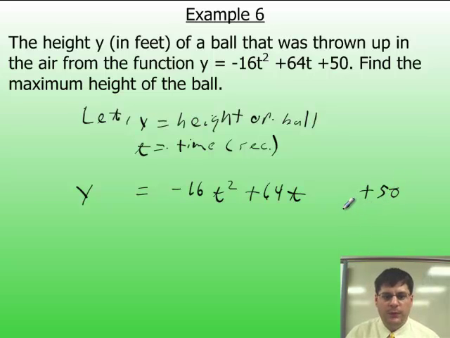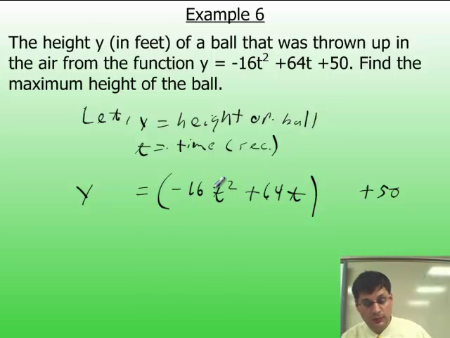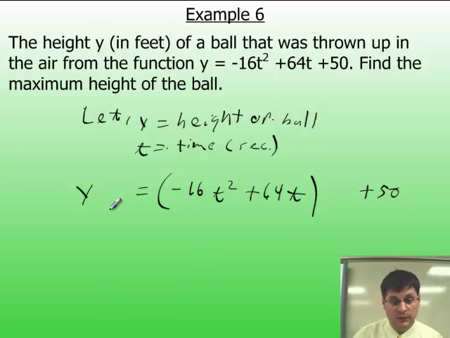Before I start, I'm going to go ahead and group this, create my group here where I'm going to have to complete my square. But before I complete my square, I'm going to ask myself, is there any greatest common factor within this group? And my answer to that would be, well, yes, there is. There's going to be a negative 16. I always want this t squared term to be positive if possible.